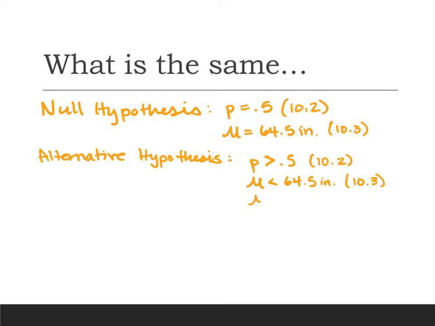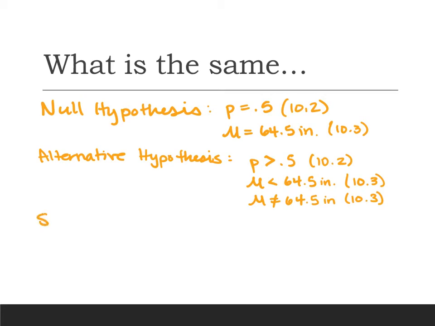Or we might just say we don't know if it's the same. So if we stick with the heights of young women, then maybe we just think that it's changed since we got this number. So those stay the same.